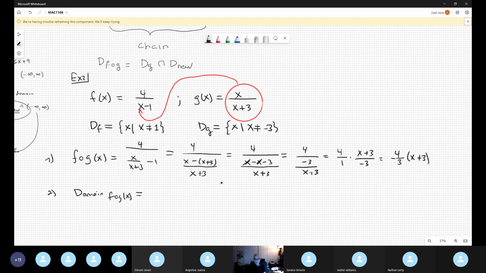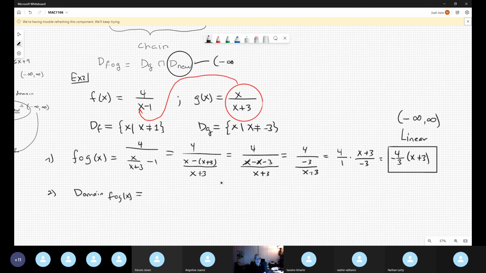Oh, it's easy. This expression is linear. Because the degree is 1, the domain is all real numbers. No restriction, no fraction, no division. So this is the new expression. And remember, the domain of the new expression is the intersection.